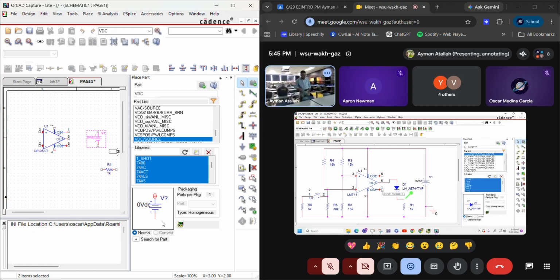Okay. So it's important that when you have no dot here, like this one, it means that these 2 wires are not electrically connected. It's over each other, but not electrically connected.